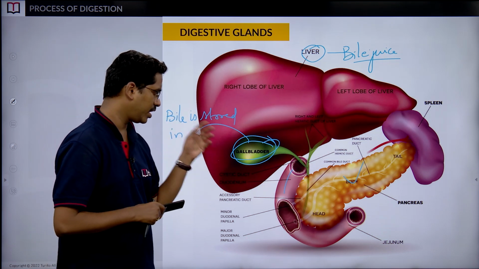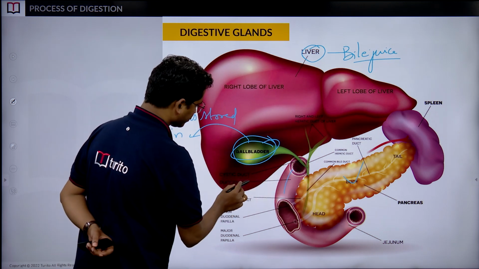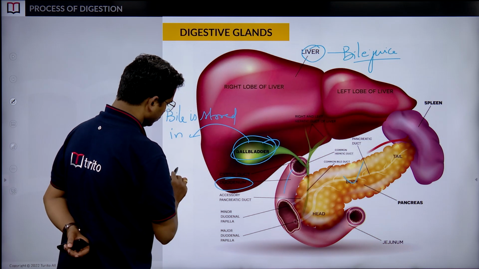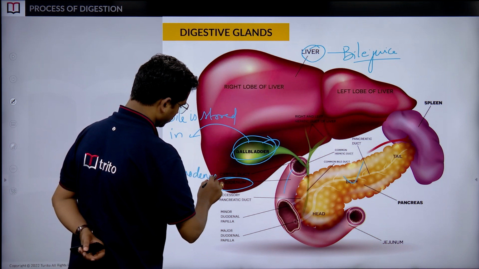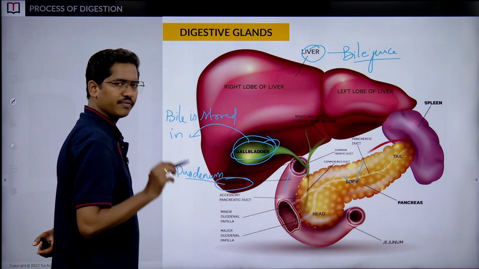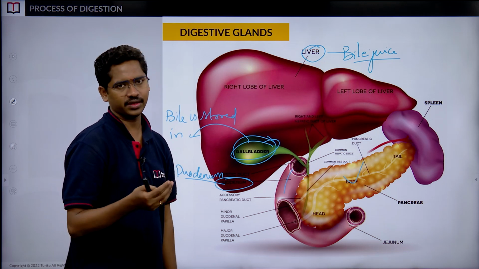Whenever the food enters the duodenum, the first part of the small intestine, that is where the food gets digested.